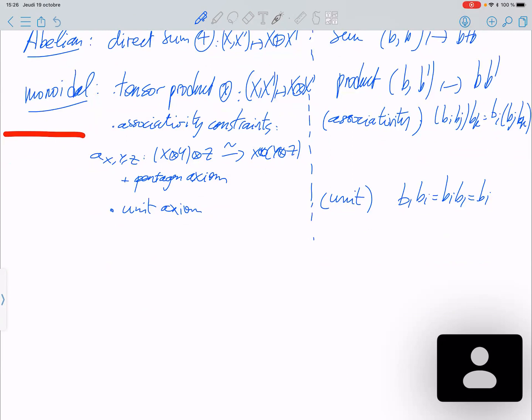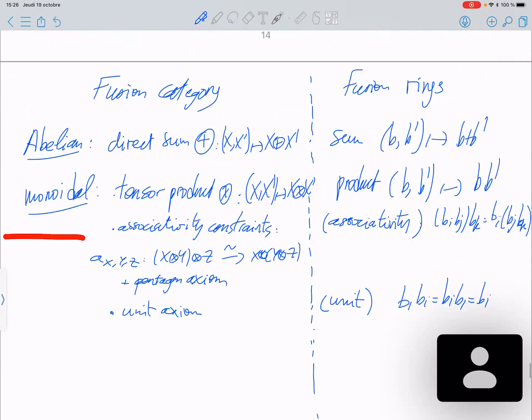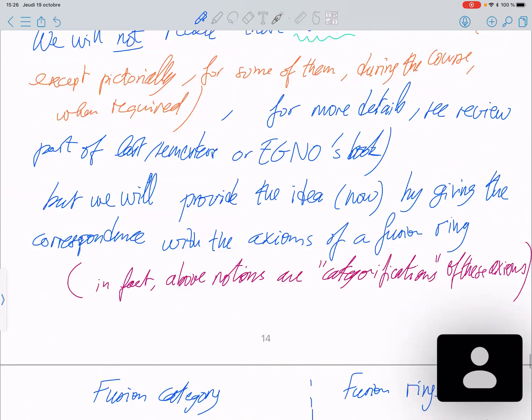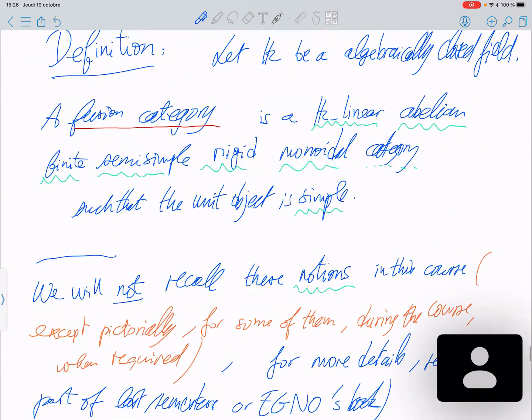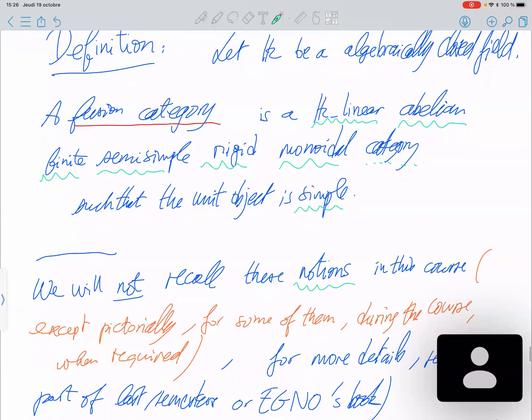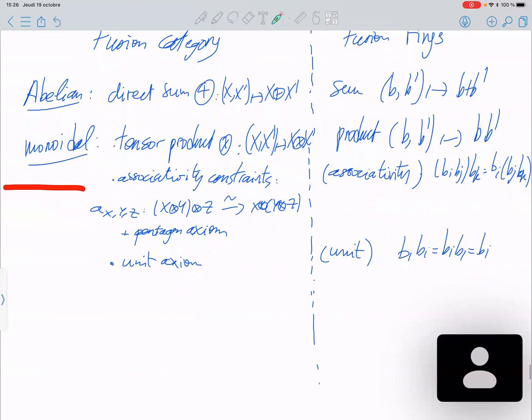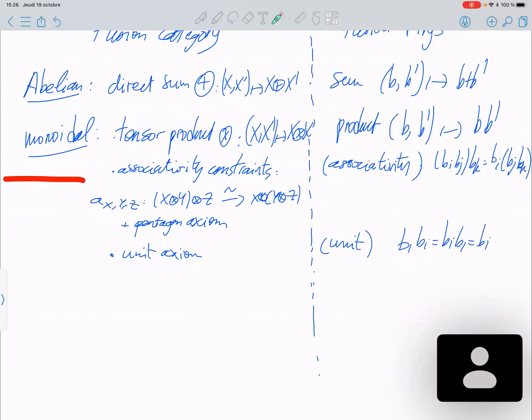What about next? Finite. What about finite? So let me recall. So we are here. A fusion category is a K-linear, abelian, finite, semisimple, rigid, monoidal category, such that the unit object is simple. So abelian, monoidal, we provided the correspondence with fusion ring. So what about finite?